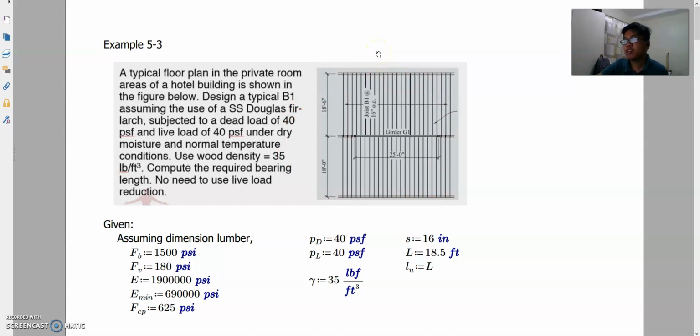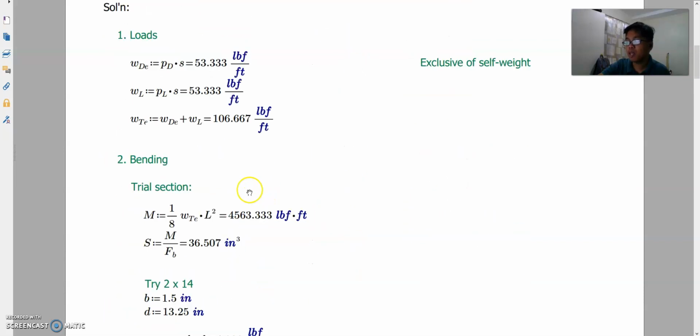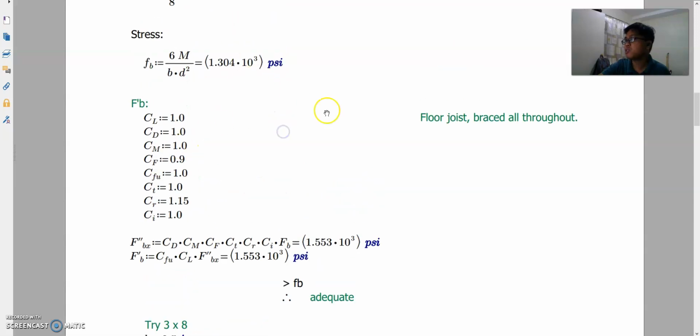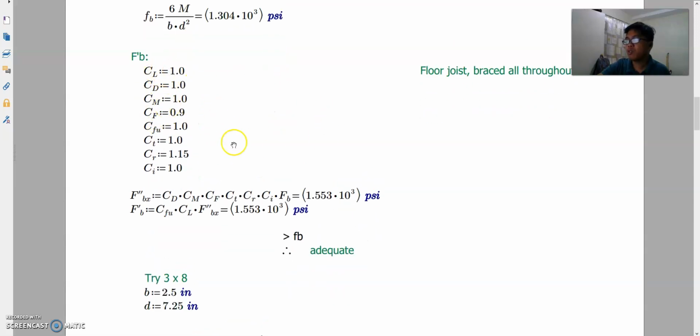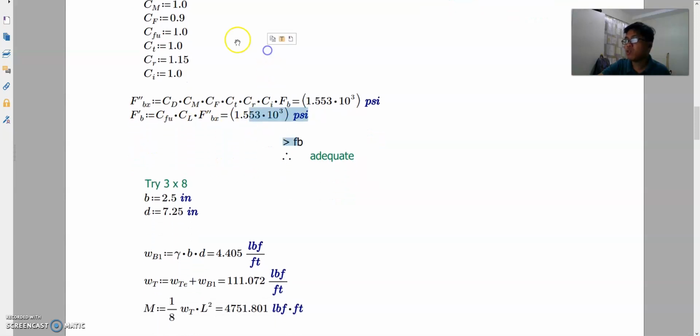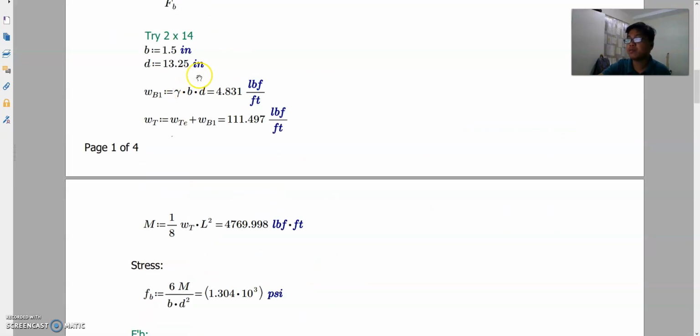And what is the implication of that? The beam is laterally braced all throughout the span. That's why I said that this is wrong, okay? The LU should be 0, which means that CL is equal to 1. Okay? Well, the solution is still correct. So CL is equal to 1, and then FB prime is equal to 1,553, which is higher than the stress. And therefore, our trial section is adequate. Okay?